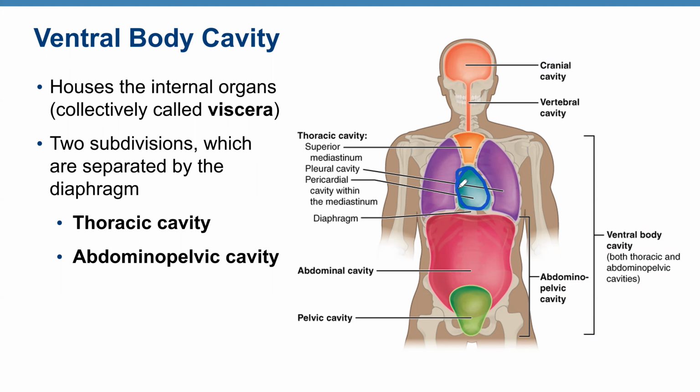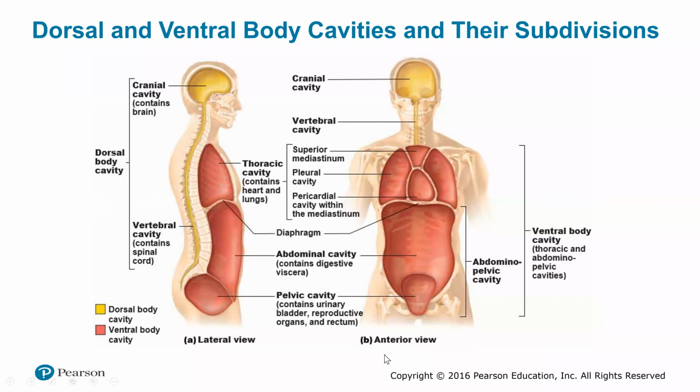This is the pericardial cavity, where the heart is located. This one is the superior mediastinum. And abdominopelvic is divided into abdominal, where most of the digestive organs are located, and pelvic, where reproductive organs are located, plus the rectum.